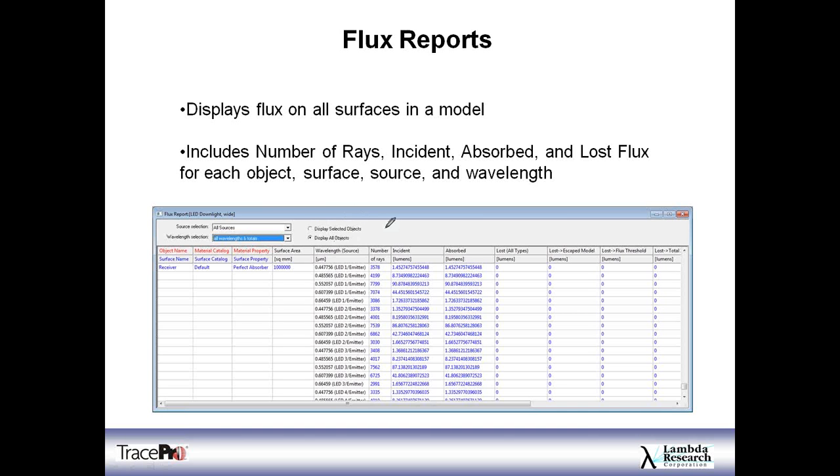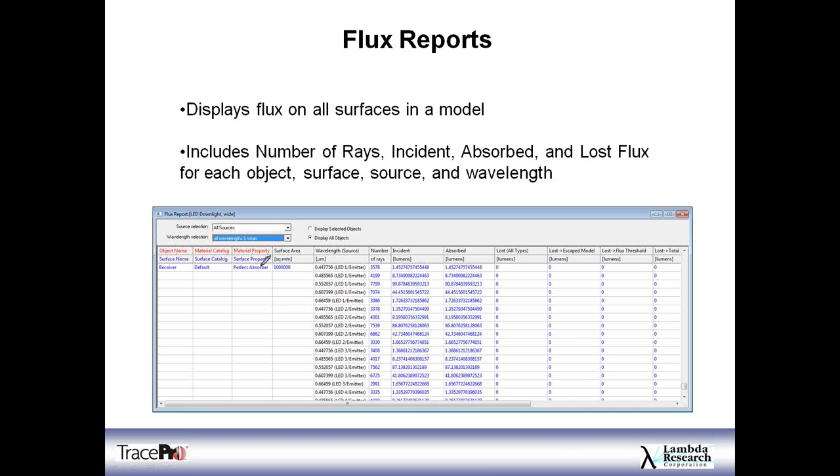So you can edit the Flux report down to only show the surfaces or the objects of interest. And in the Flux report, you'll see the number of rays, the incident, absorbed, and lost flux for each object, surface, source, and wavelength. So here we're looking at the receiver, which is the front surface of my target object.